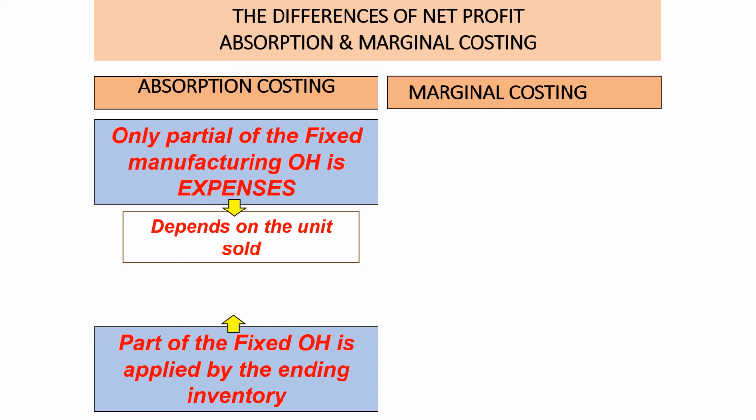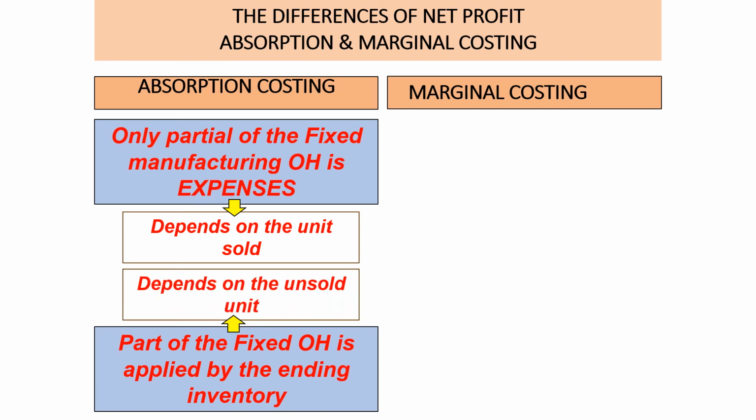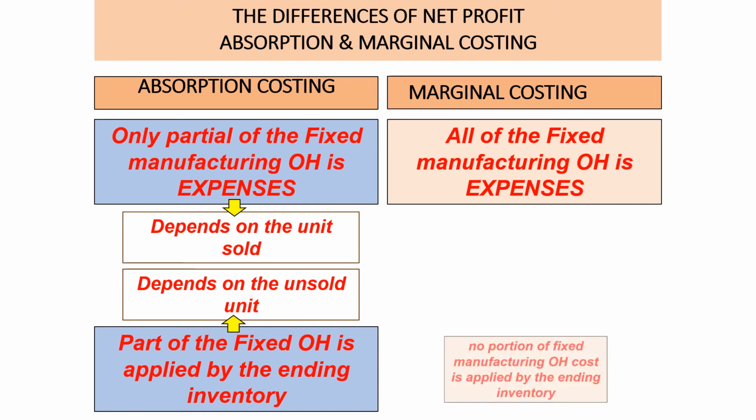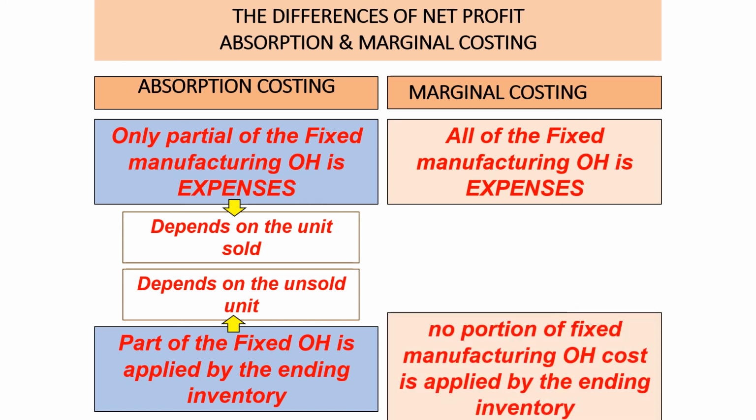And part of the fixed overhead is carried in the ending inventory, depending on the unsold units. While in marginal costing, all of the fixed manufacturing overhead is expensed. No portion of fixed manufacturing overhead cost is carried in the ending inventory.